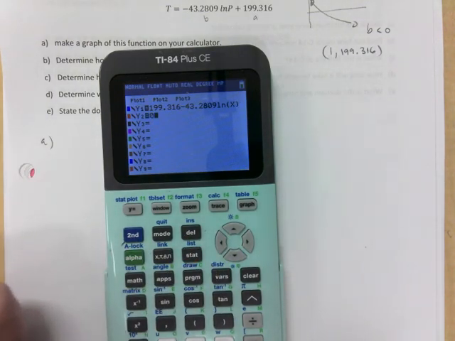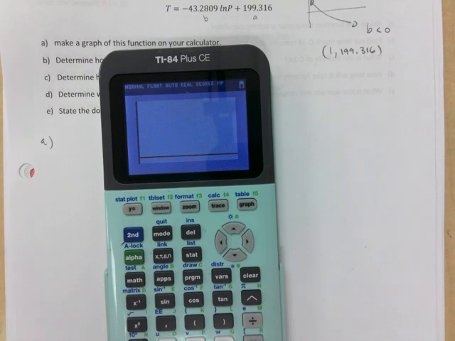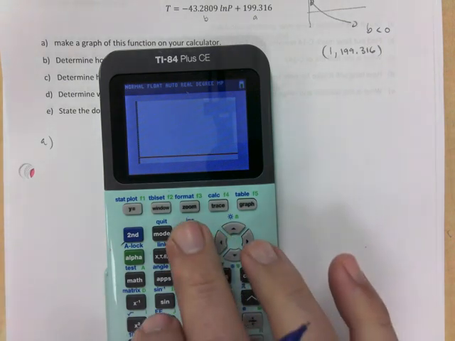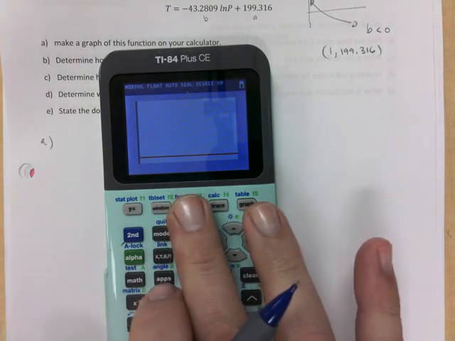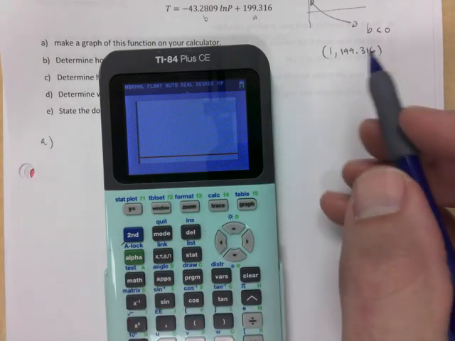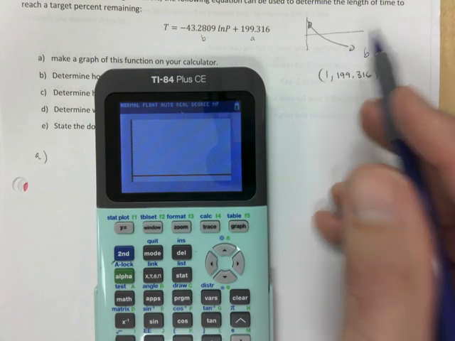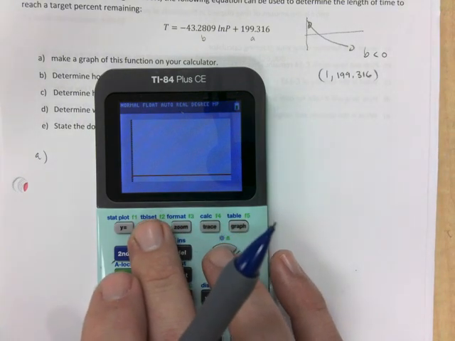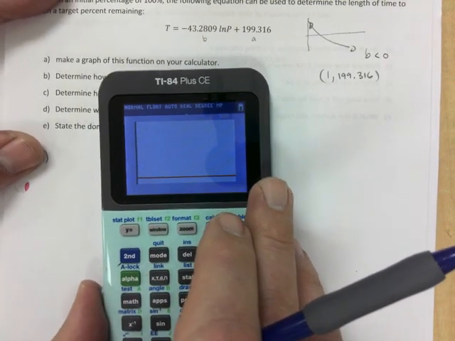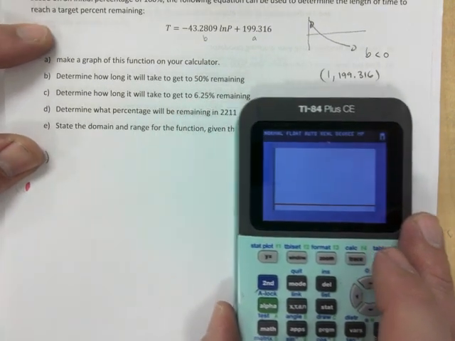I'm going to leave that in there and find my x-intercept. My window is probably way off because one of the points is 199, so I'm guessing it's not going to be too far.